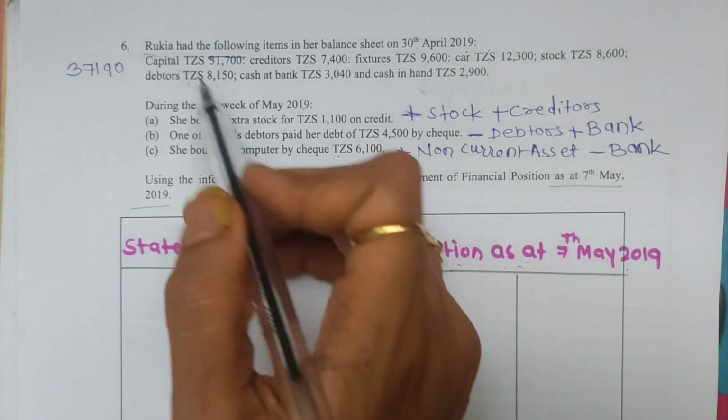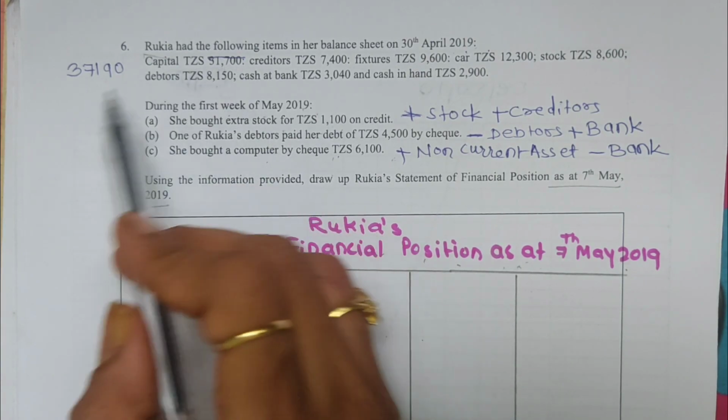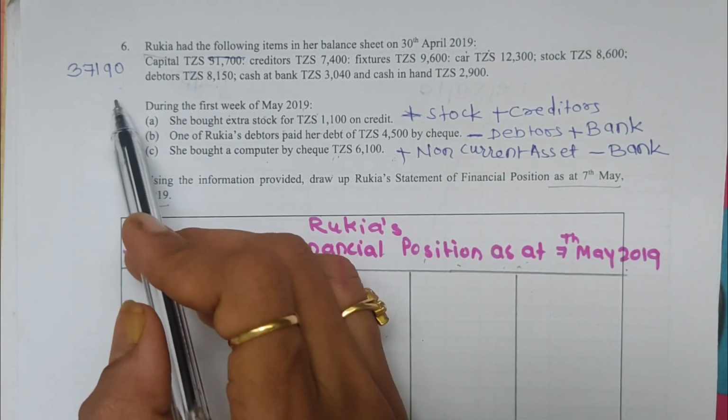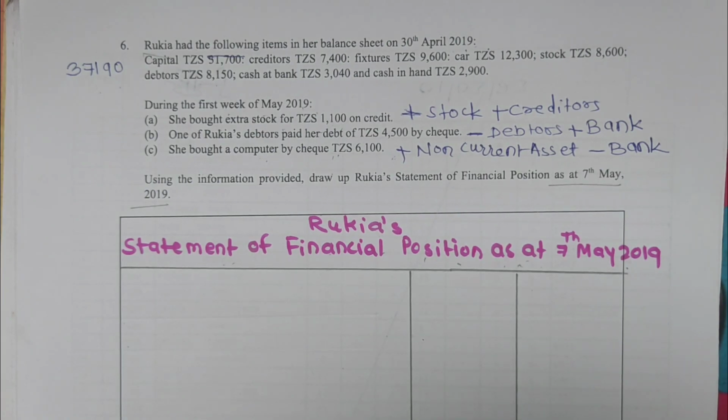So there is an error in this question paper, so capital amount should be 37,190. Now let's start, and I'm again repeating that the PDF of this question paper I have given in the description, so you can take printout of the PDF and you can also solve this question paper, and while solving make the correction which I have told.